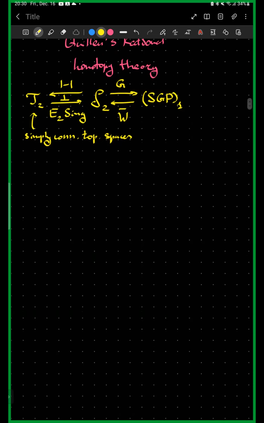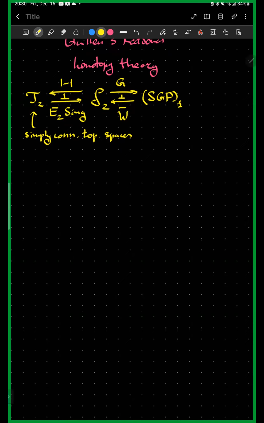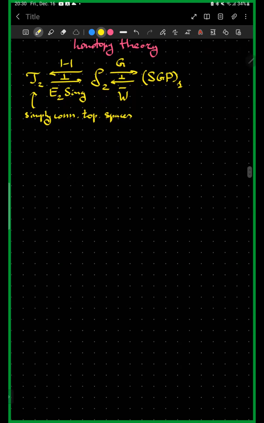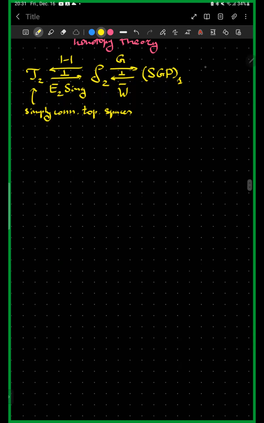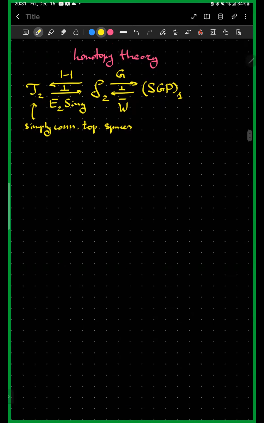Okay, so that's pretty standard. Here we take in one direction the loop group, and in the other direction the classifying space of a simplicial group. Okay, and now we can move on to get more algebraic categories. So this is all sort of geometric.